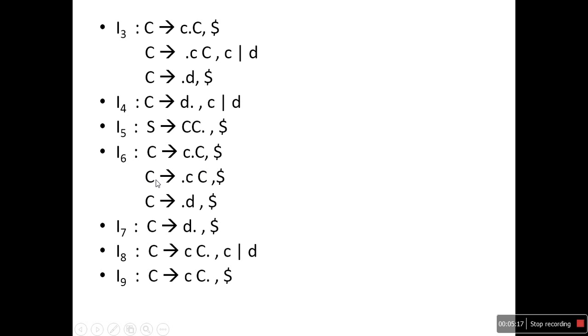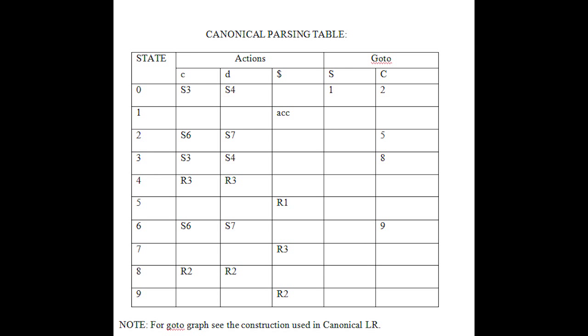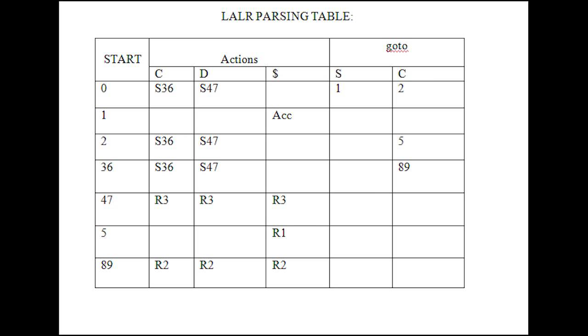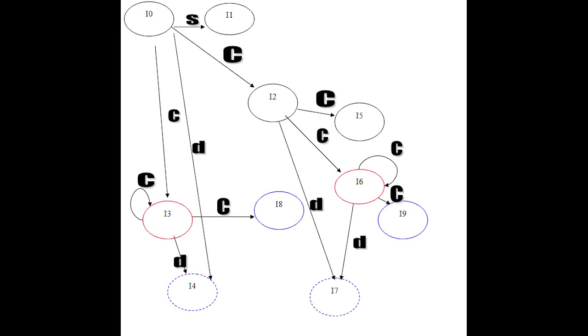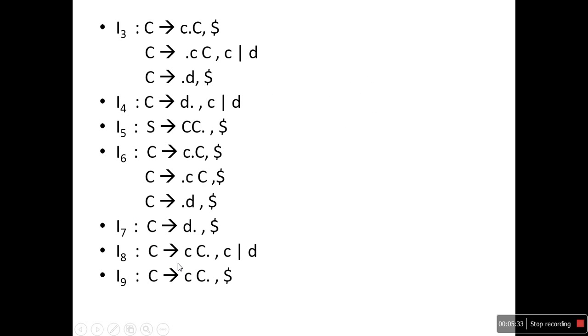So I write all the productions beginning with C. These two are the productions beginning with C. Similarly, we have to perform goto for I6, I5, I4, and after performing closures we get this. So these are the canonical collection of items.